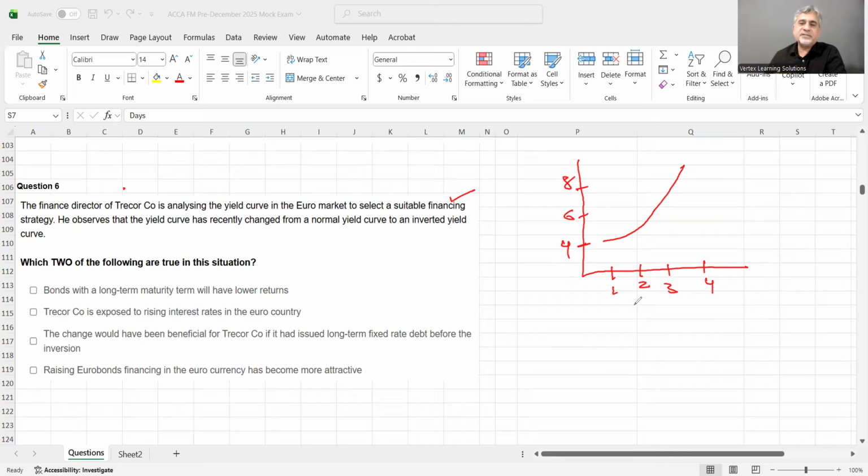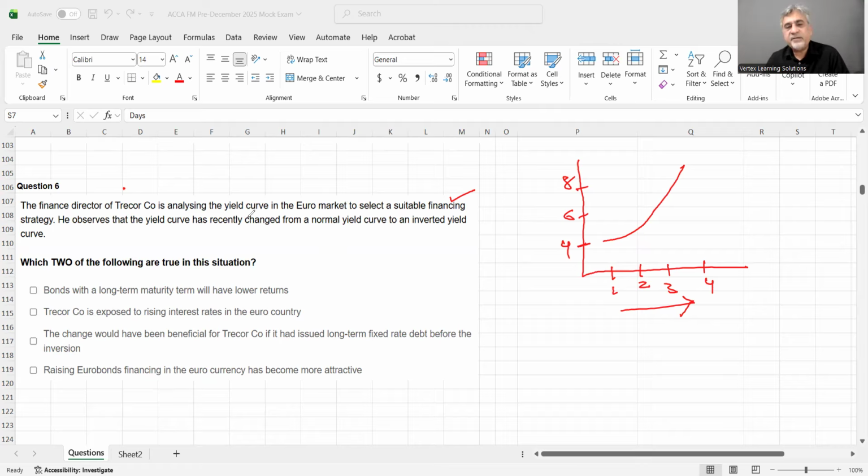Normally, for long period investments, you ask for a higher return, or the other person also asks for a higher return, because the money is going to be locked for a longer period of time. So long-term loans or long-term financing is always more expensive because of unforeseen circumstances. Remember, the more you go into the future, the more risk there is. And if you are taking more risk, you need more return, or you have to pay someone more. This is called normal yield curve.